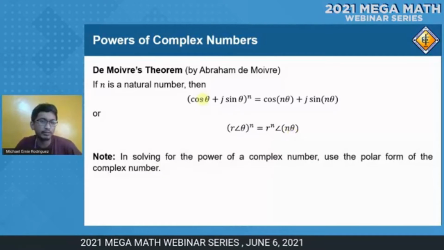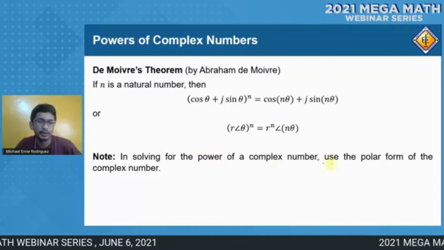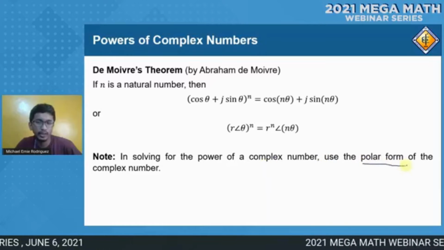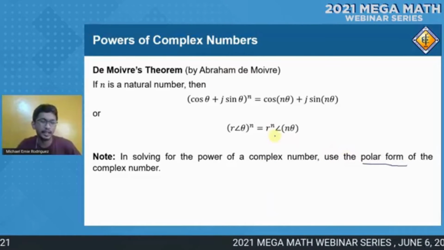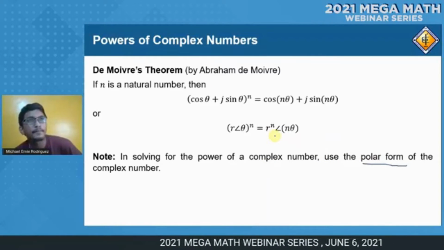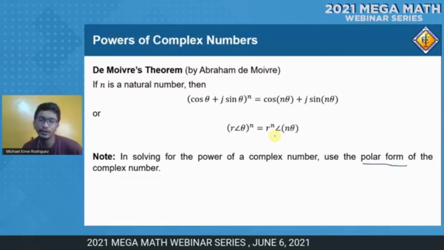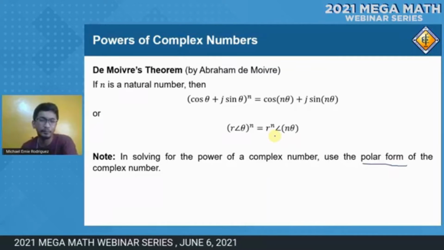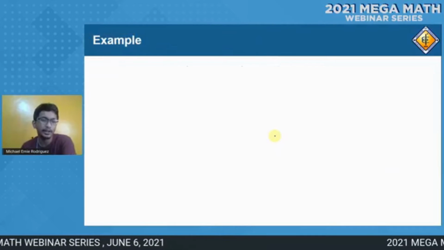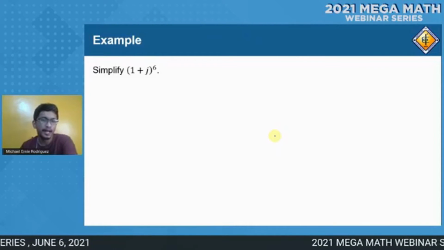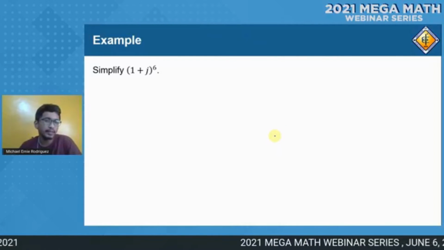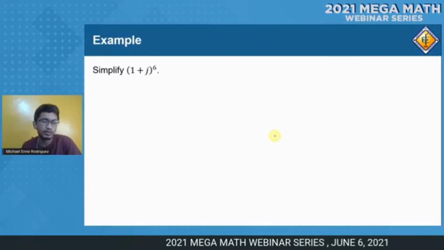So take note, in solving for the complex power of your complex number, we use the polar form. So kung ang given is rectangular form, we need to convert it to polar form. So may example tayo dito. Simplify 1 plus j raised to 6.